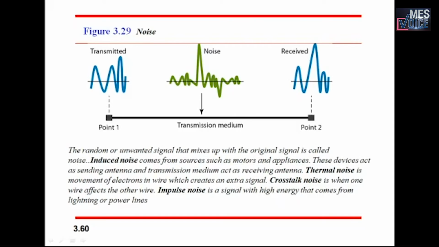Thermal noise is another type of noise, caused by the movement of electrons in a wire, which creates an extra signal. Crosstalk noise is when one wire affects another wire, and occasionally there could also be impulse noise, which comes as a result of lightning or contact with power lines. These sorts of impairments can affect your data transmission adversely, so we should have adequate steps to prevent that.